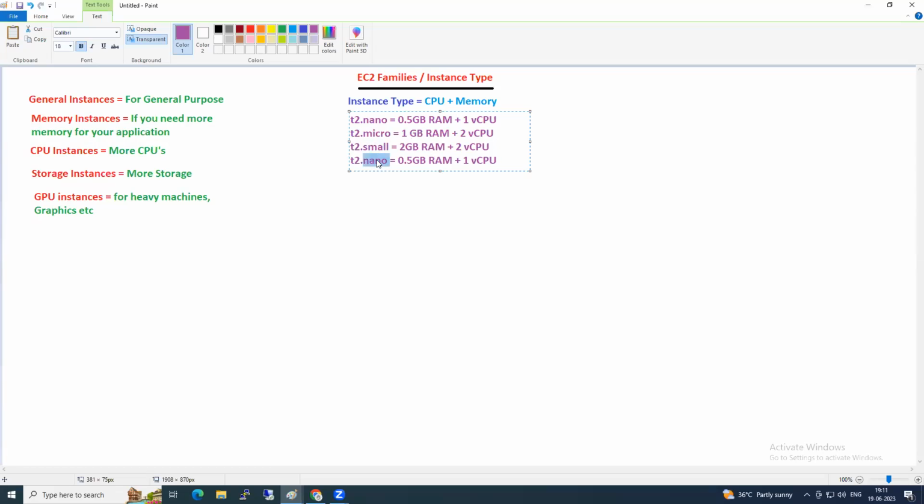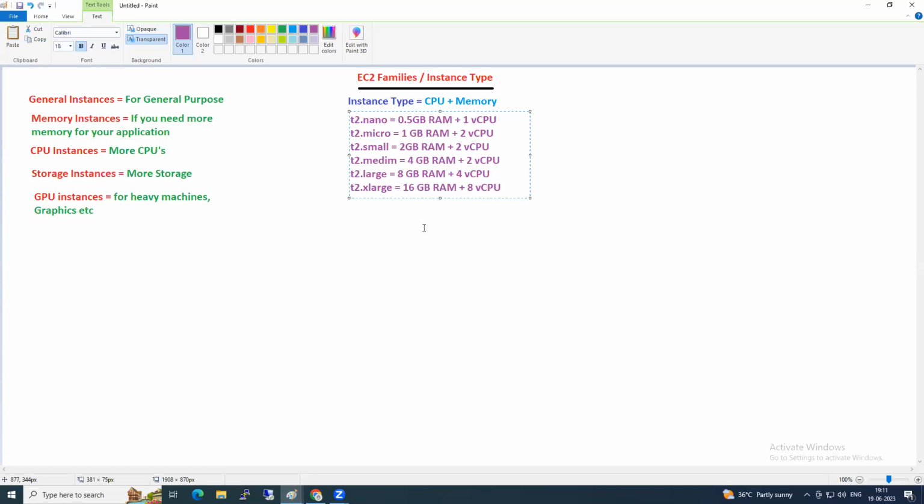After Small, Medium has 4 GB RAM and let's say 2 CPUs. I'm giving examples. Next, after Medium, Large has 8 GB RAM and let's say 4 CPUs. After Large, X Large, simple. It has 16 GB RAM and 8 CPUs.